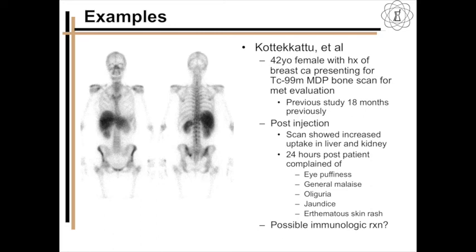This particular example was a patient who had a history of breast cancer, who had had an MDP study about 18 months earlier. They came in, they injected her. She didn't really have any problems while she was there, but she called back the next day and was complaining about, she had a rash and she just was feeling awful and her eyes were puffy and swollen.